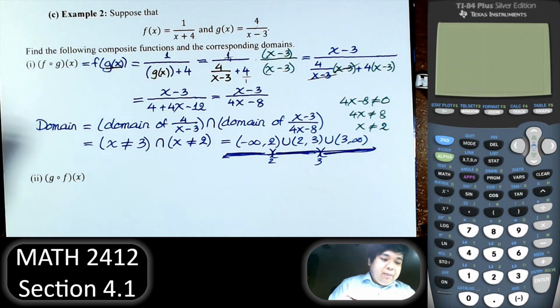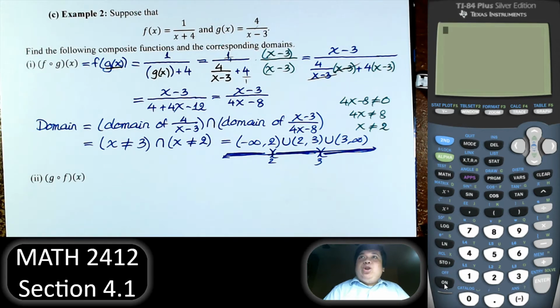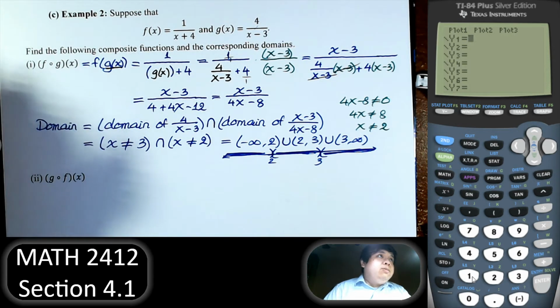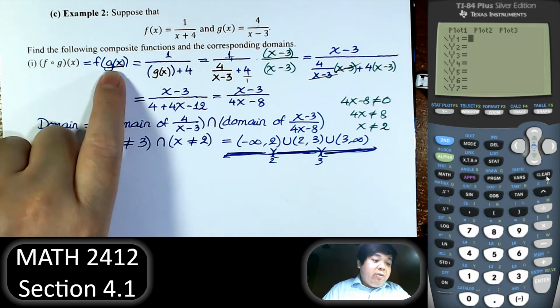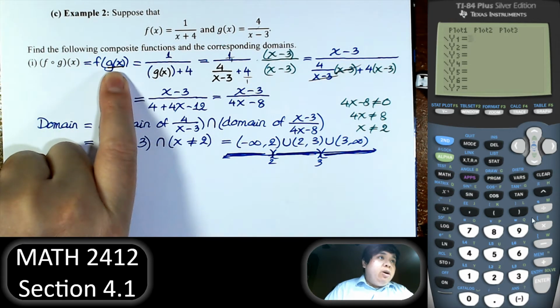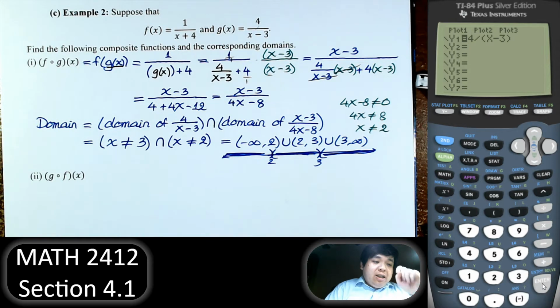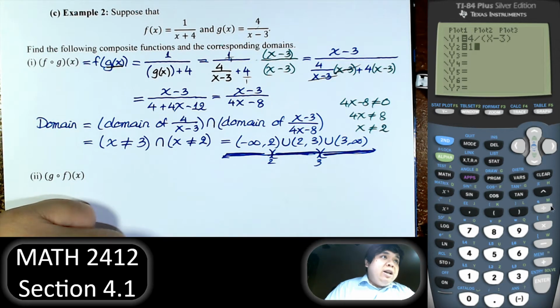Right. Now, I just want to show you how that could work in the calculator. So let's just put in one function. I put the inner function first. G of x is 4 over x minus 3. Right. Next, we can type 1 divided by.